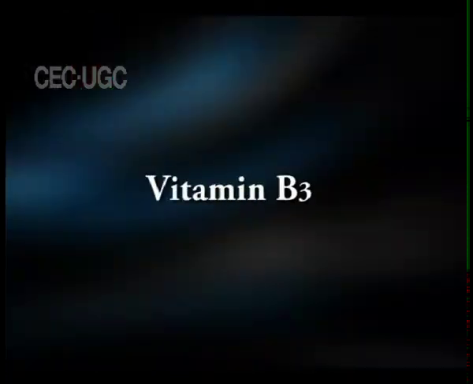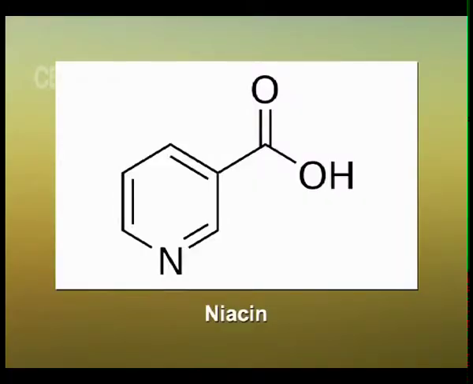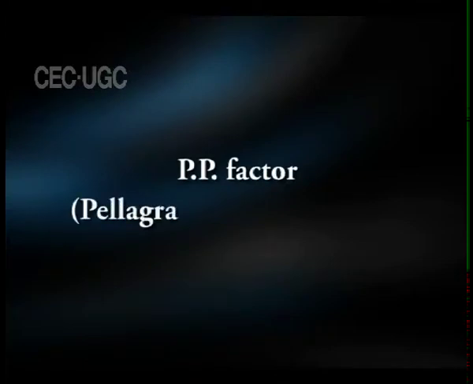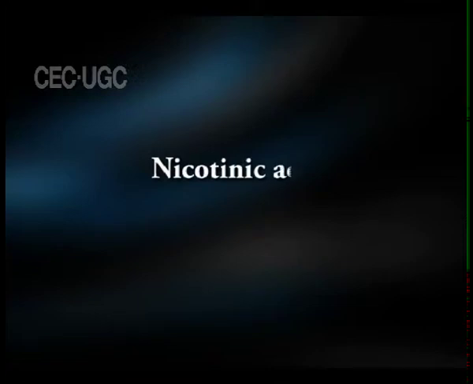Vitamin B3. Vitamin B3 is also known as niacin or niacinamide or nicotinic acid. Nicotinic acid has been known to chemists as PP factor, pellagra preventing factor. The term niacin is used as the generic name to cover both nicotinic acid and nicotinamide.